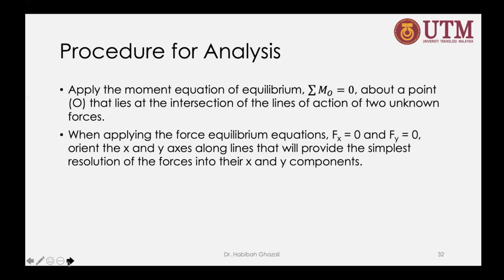Okay, so if there's another member, then you can draw that member, and that member will carry another three free body diagram, three static equilibrium equations. So that's how you analyze it. So if you have three in one free body diagram, you can solve it straight away.